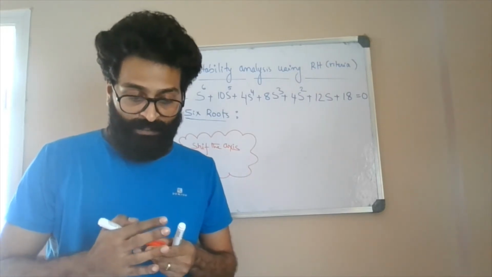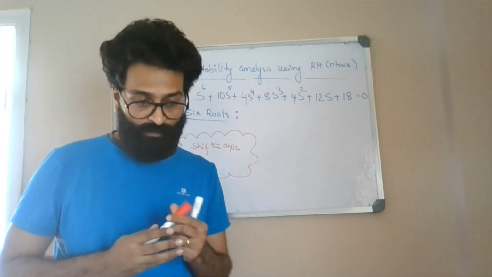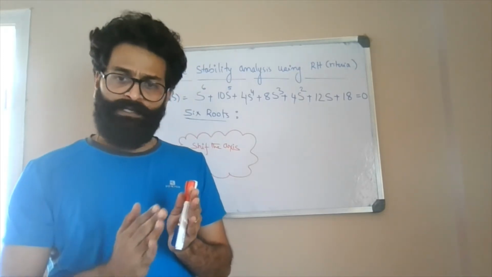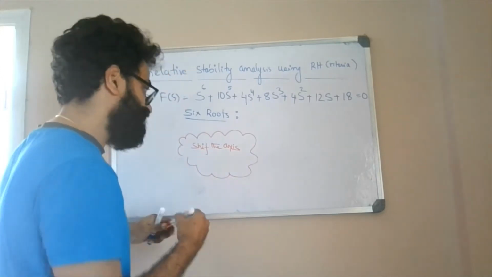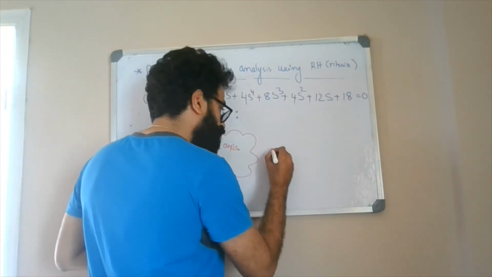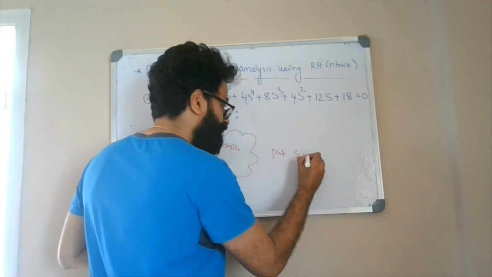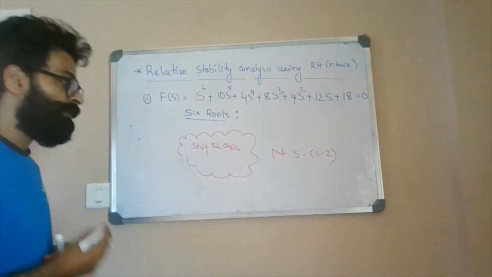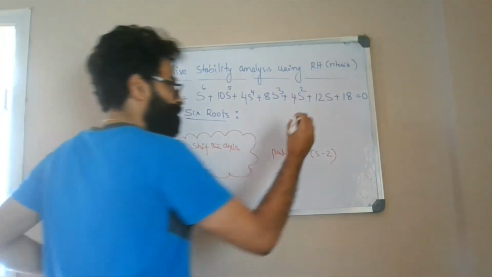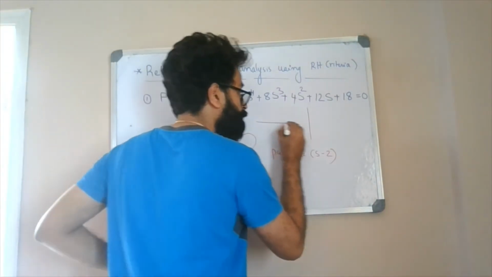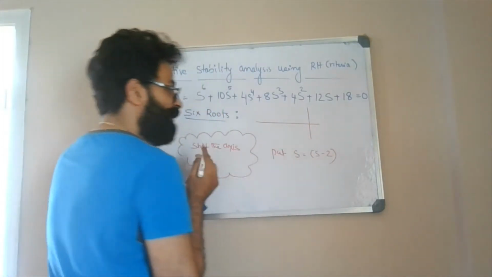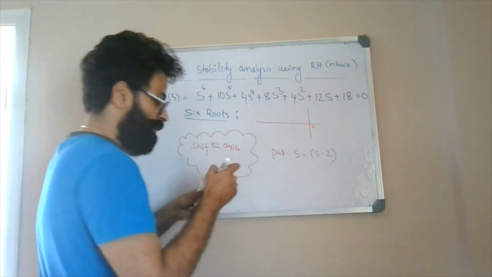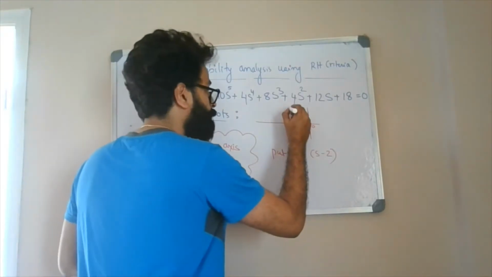In the sense, let's say you want to find out how many roots are lying to the right of, let's say, -2. If that is the case, you have to replace the default s value with s is equal to s minus 2. By doing so, you are going to change the axis of interest from the origin to a newer location, -2.